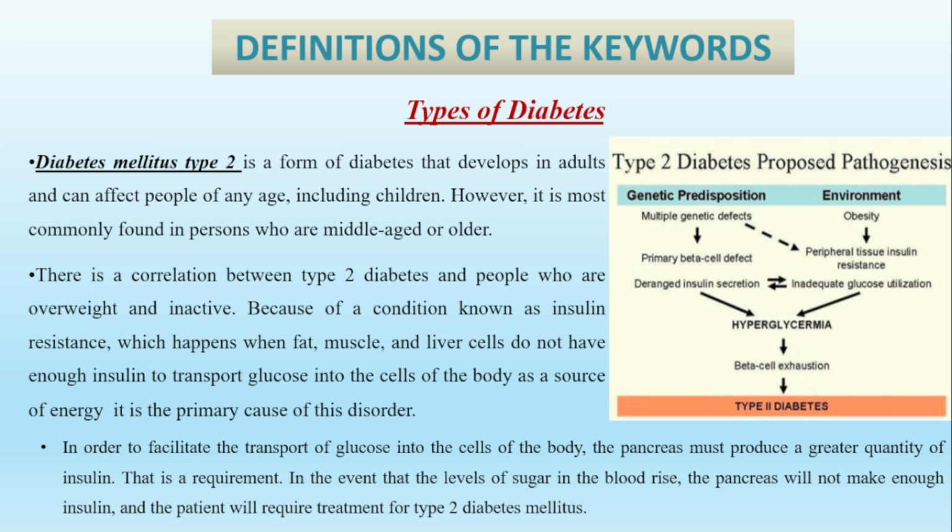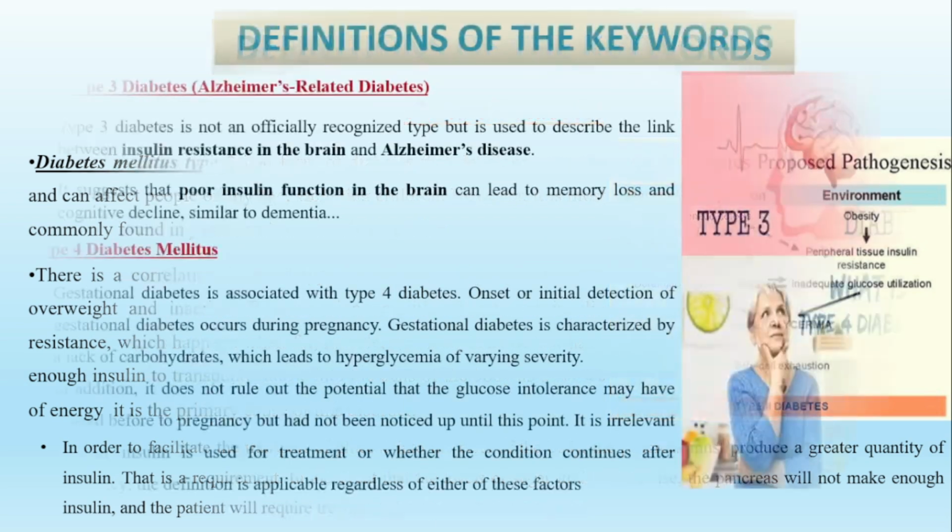To facilitate the transport of glucose into the cells, the pancreas must produce a greater quantity of insulin. That is the requirement. If the level of sugar in the blood rises, the pancreas will not make enough insulin, and the patient will require treatment for type 2 diabetes.